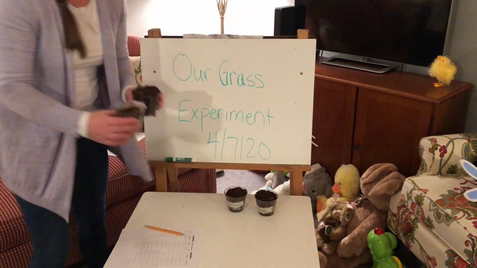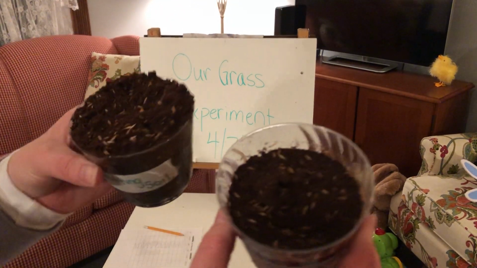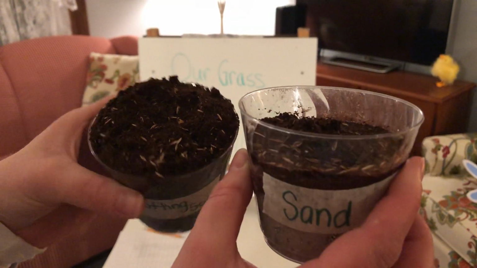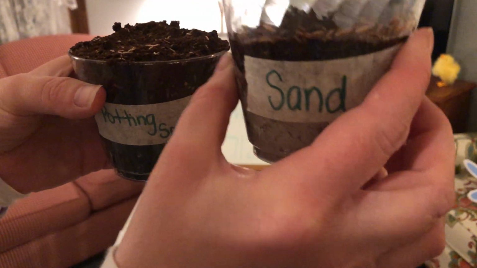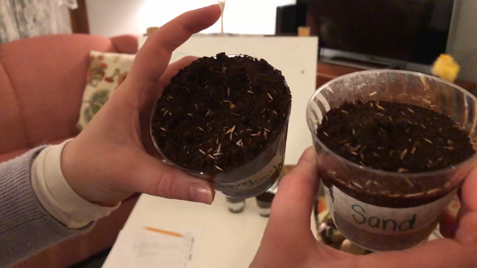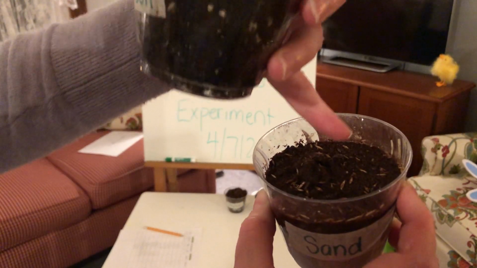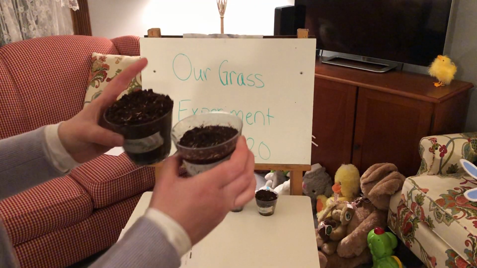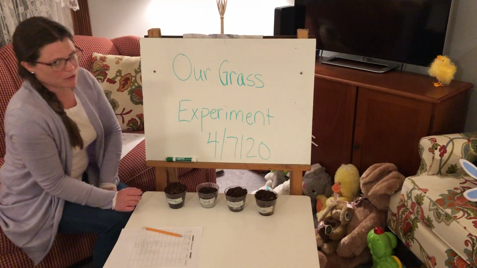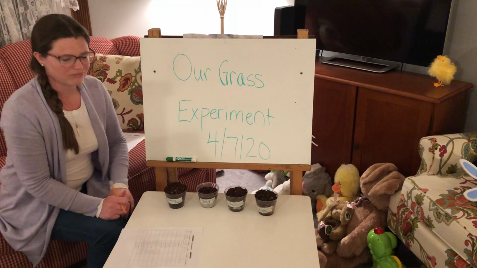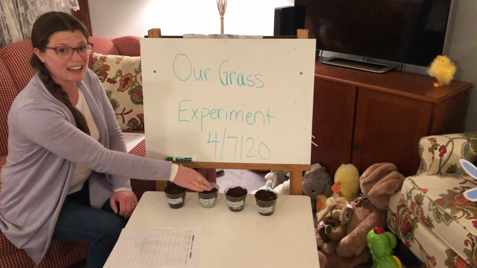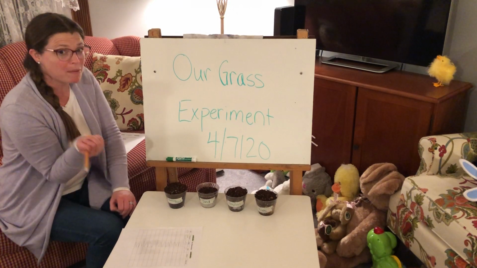I'm going to do my best to let you see this up close. But this cup here, the soil that's in with the seed is a lot fluffier than this one. This one is very flat. Hopefully you guys can see that on the camera. I've never done it this way before, obviously, and I feel like it's kind of lame, but I'm doing the very best that I can. So this one is kind of flat. This one's a little bit fluffier, so that might be something you want to write down too.